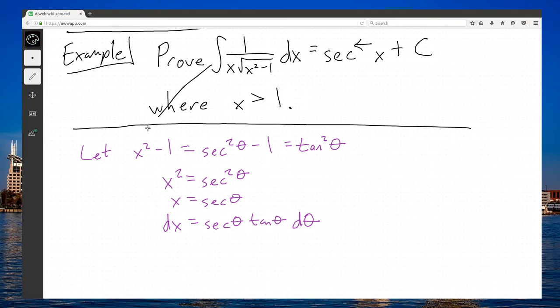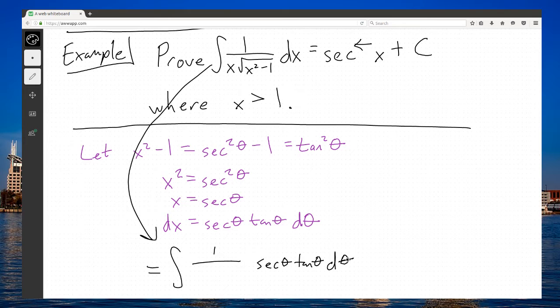In the original, I can replace the dx with secant theta tangent theta d theta. The x gets replaced with a secant. The square root of x squared minus 1 is equal to the square root of tangent squared. And as we would hope, we get lots of nice canceling.